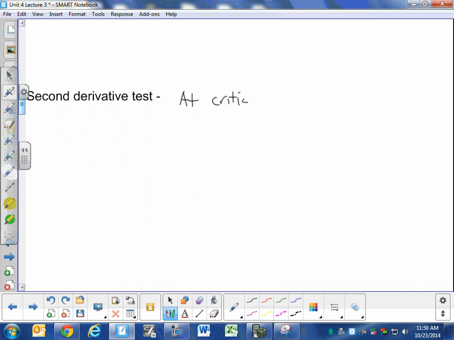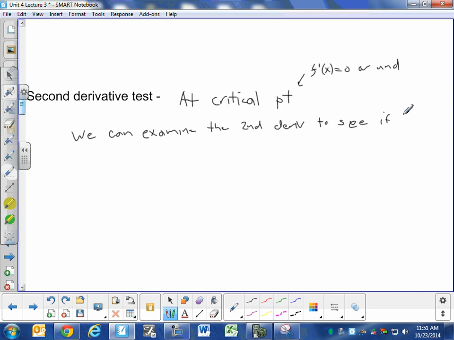At a critical point, which is when f prime is equal to 0 or it's undefined, we can examine the second derivative to see if the critical point is a max or a min. So, let's think about that.